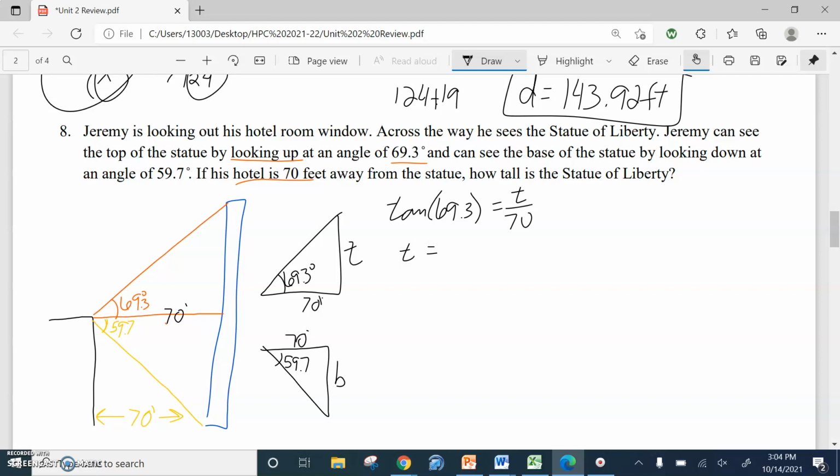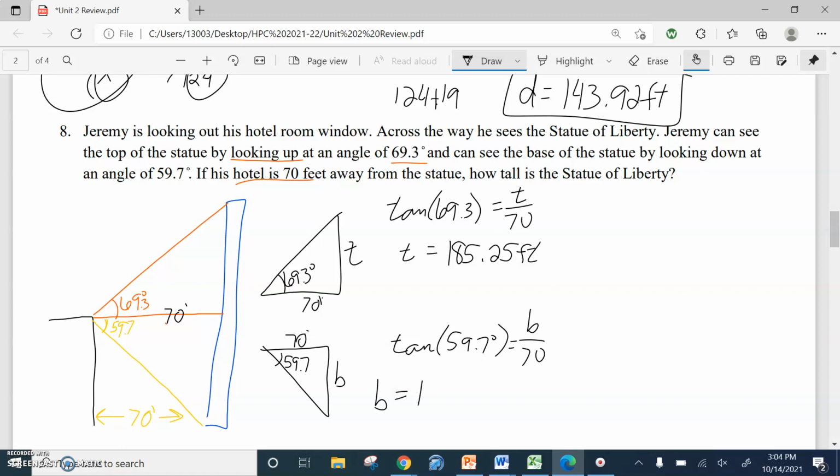And we get 185.25 feet. And then down here we have the same idea, the tangent. This time is 59.7 degrees. That ratio is opposite, so B in this case over 70. So B is 70 times tangent of 59.7.